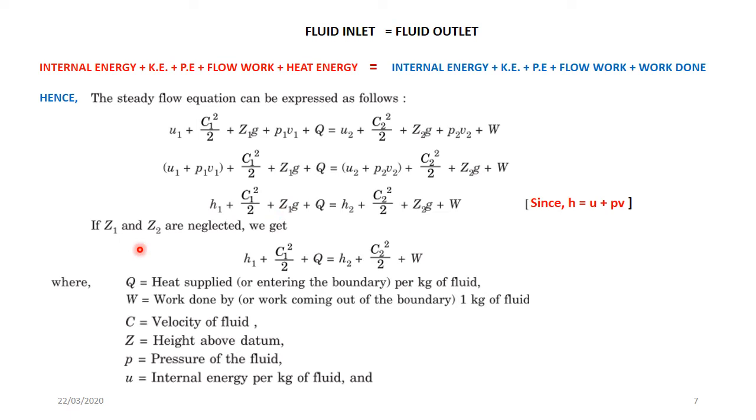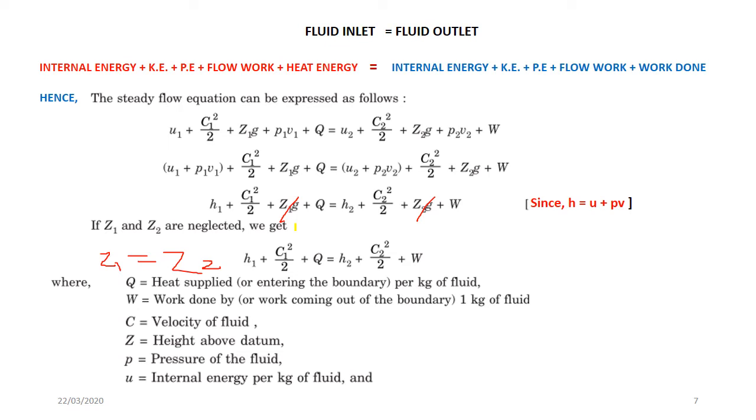In some engineering applications the height will be the same, say if Z1 is equal to Z2. Then Z1G and Z2G get cancelled, right?